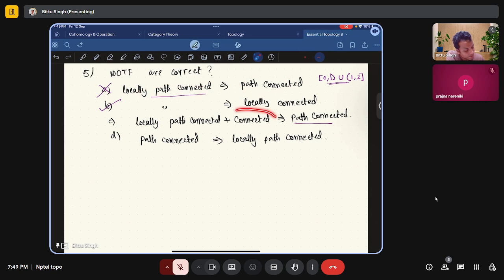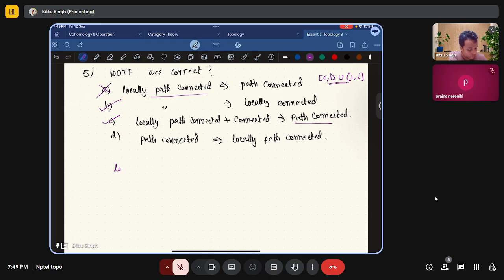Now if we add another extra condition, locally path connected plus connected, can we say that the space is path connected? This is actually true.